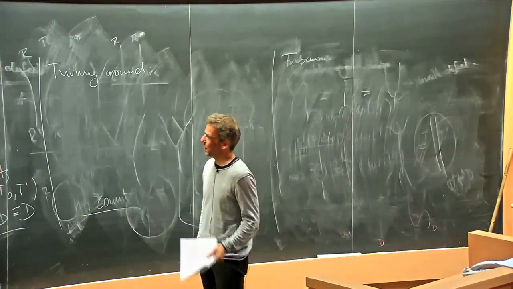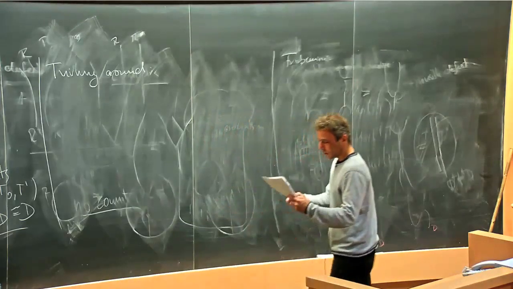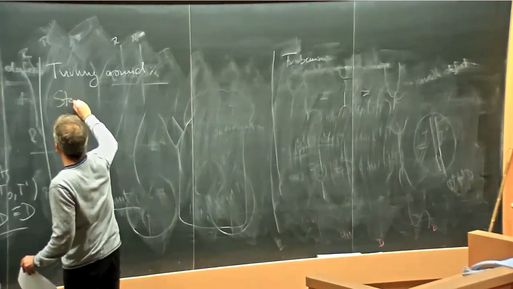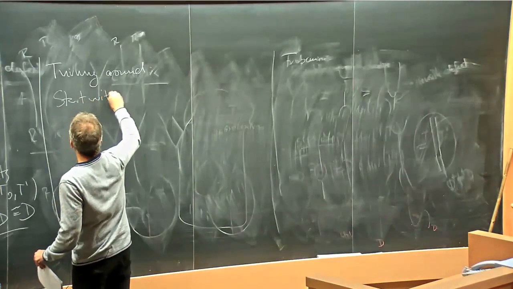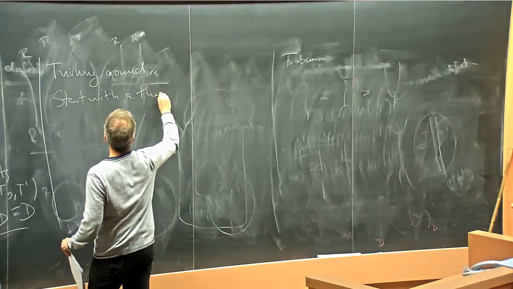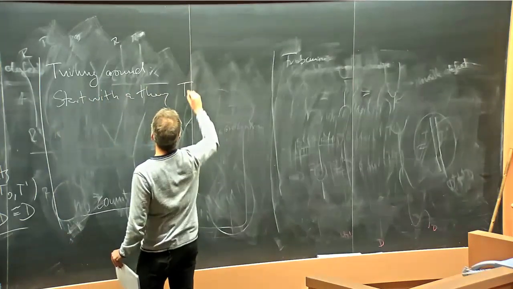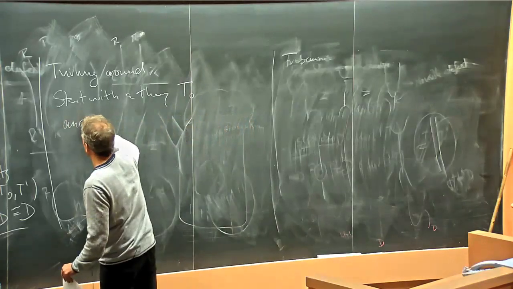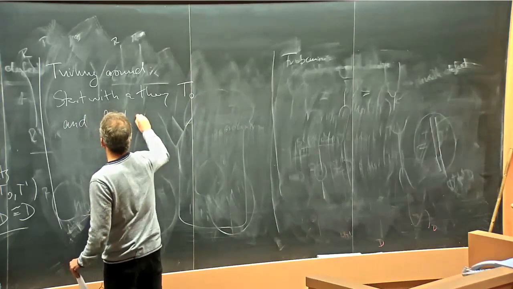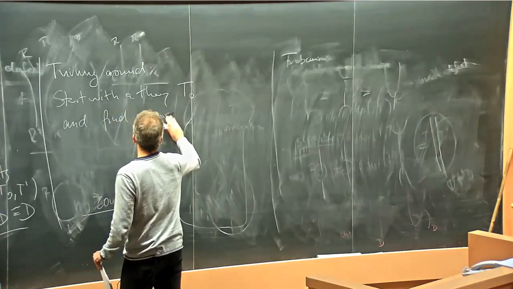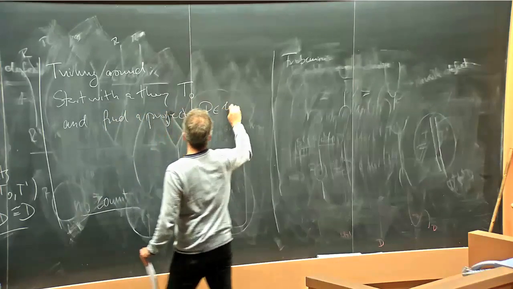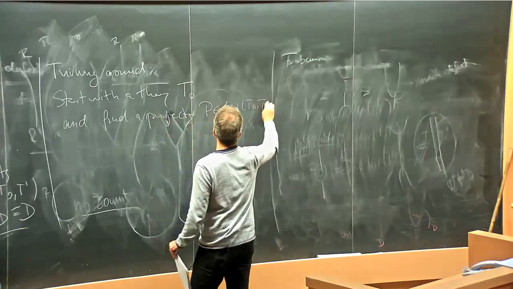Of course, it can be hard, but turning this around, what we now want to do is start with a theory, let's say T naught, and find a projector. Let's call it P in Mor(T naught, T naught).